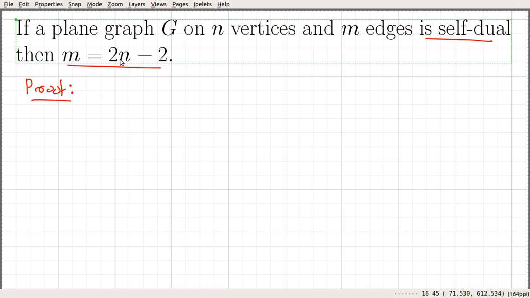It's a straightforward thing. We use a property of dual graphs, and we apply Euler's formula.